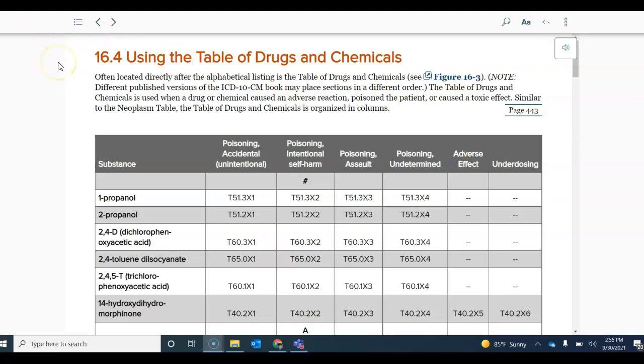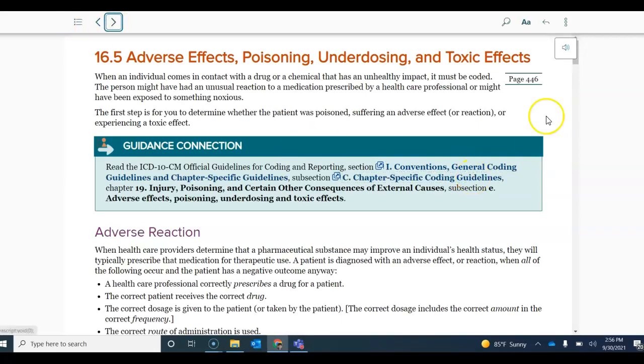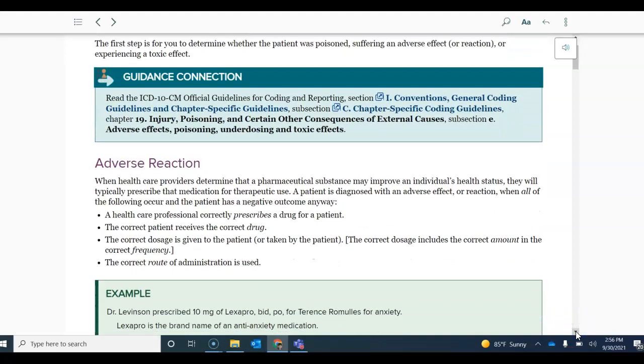means that the patient, let me flip over here to this page for you. Okay, so here it is in your book. Adverse effect means that all of these conditions are met. It means the medicine was prescribed correctly, it was taken correctly by the patient, meaning the correct drug, the correct dosage, the correct route, the correct timing, all that stuff.